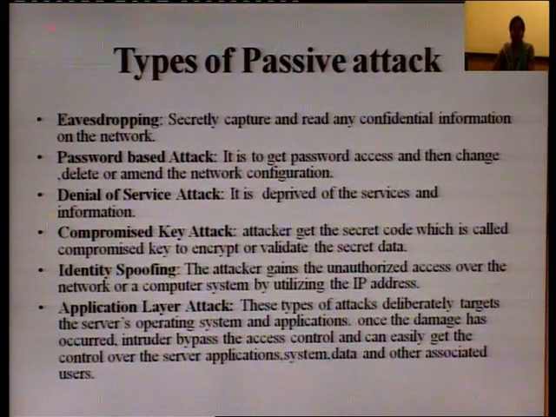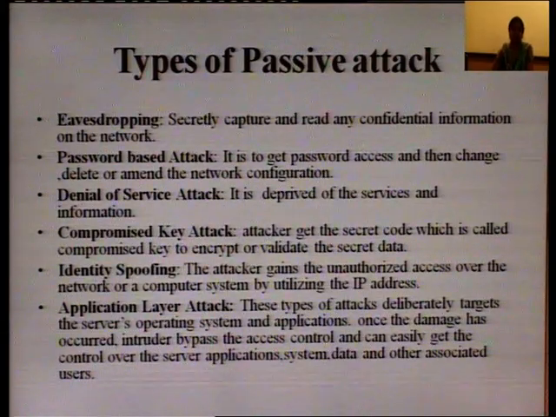He is on the network with the reference of some other identity. Identity spoofing, in English, means hiding your identity. So in this attack, the attacker uses your IP address to make unauthorized access over the internet.